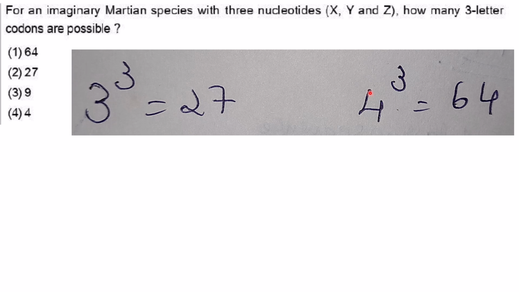So how do we calculate? 4 raised to 3, that is 64. Here it is 3 nucleotides X, Y and Z, so 3 raised to 3, that is 27. So the answer here is option 2, 27.